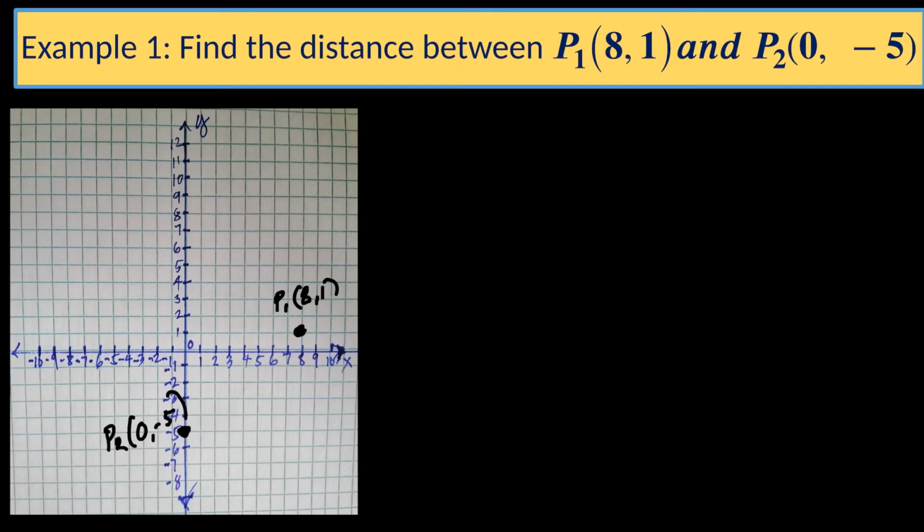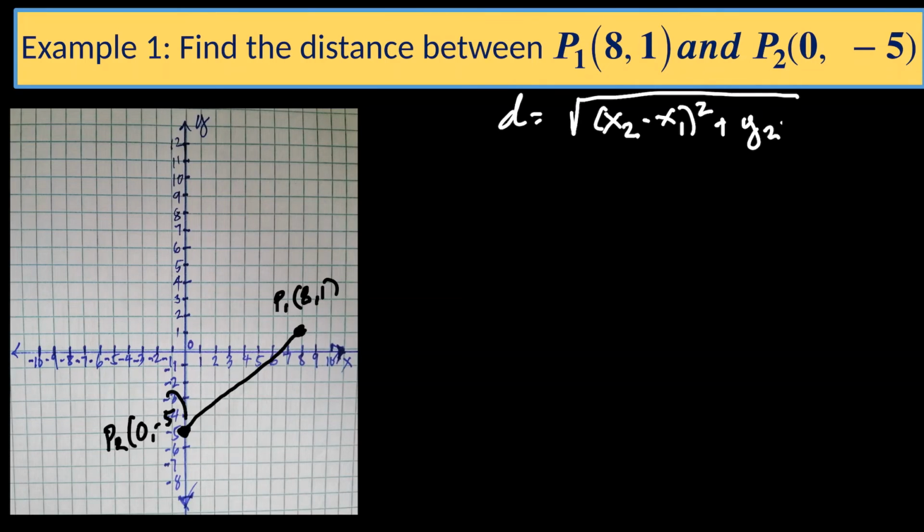Now, if we're going to connect these points, that will give us a line. And so what is the distance between point 1 and point 2? Applying the distance formula, d equals the square root of x sub 2 minus x sub 1 squared plus y sub 2 minus y sub 1 squared.